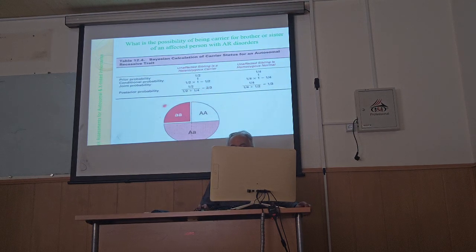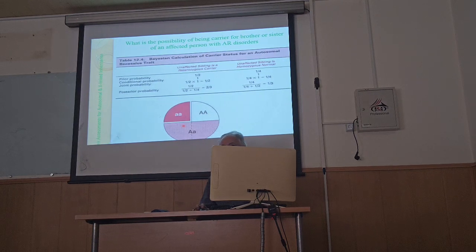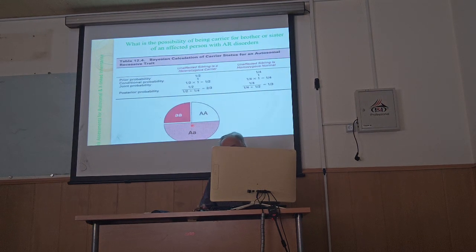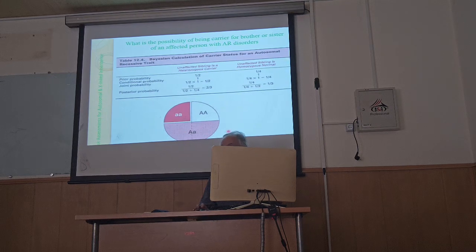But a very simple way is to ignore the affected condition. Then you have 3 conditions: one is homozygote normal, two is heterozygote normal. So the chance of being a carrier is 2 out of 3, not affected.